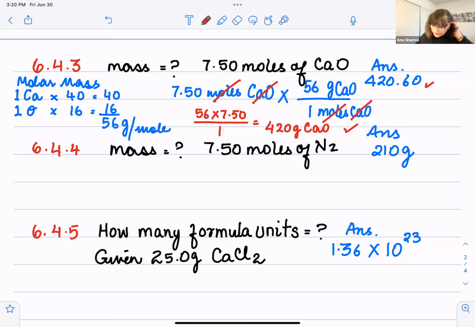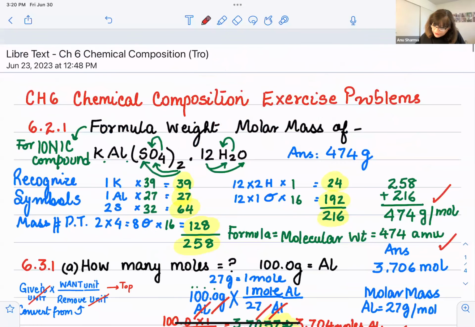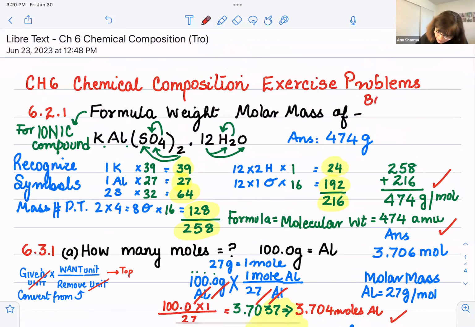Like I said, your book is using more exact numbers. The book is not rounding numbers up or down, it uses the numbers as is.